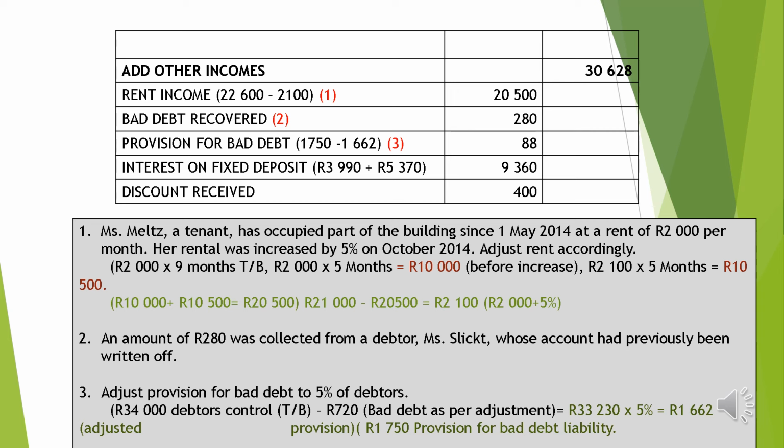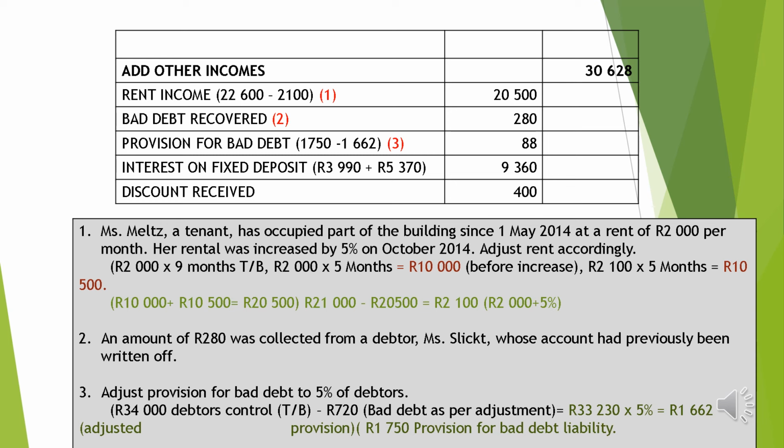That means this is what we need to receive. But we have received only 3,990, which means the difference between the two is 5,370.